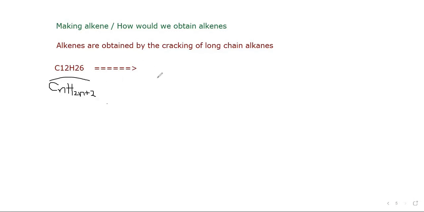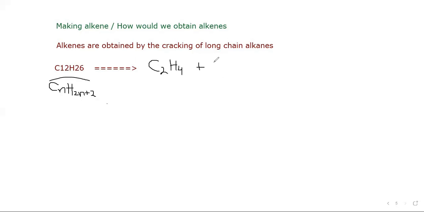And we can simply write down the equation for cracking. You just need to remove the simplest alkene, which is C2H4. I remove the simplest alkene, and the other molecule can be written by subtracting the number of carbon atoms. 2 carbon atoms you can subtract from 12.